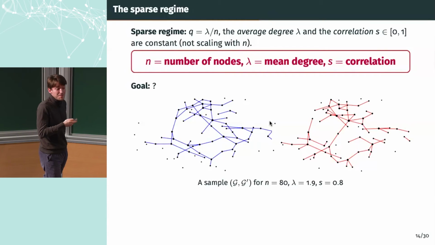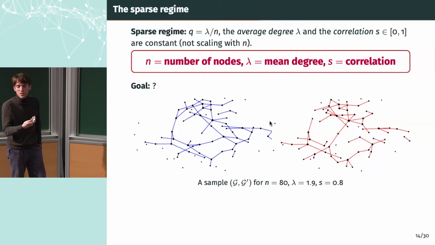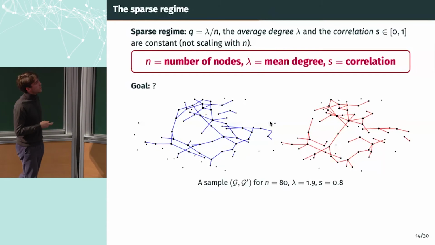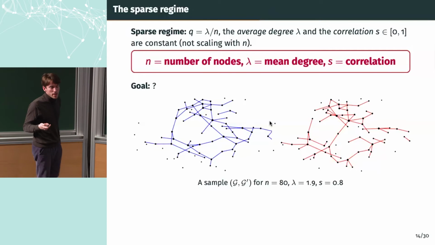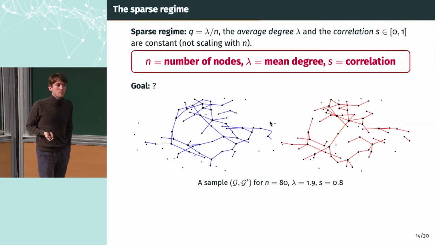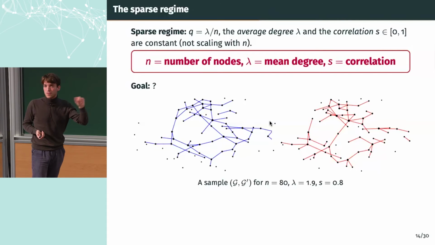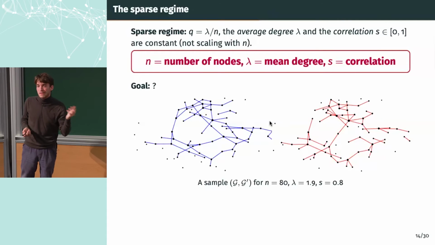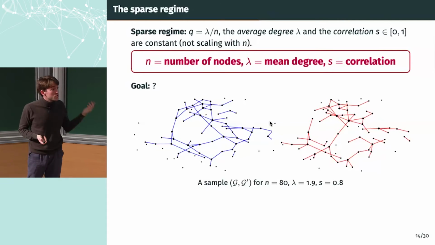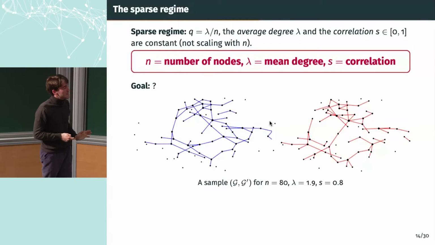This is typical because the graphs are random and the degree is constant, so you can easily find out that there will be a lot of isolated points. The problem is isolated points: there is no hope to align them well. I think you can agree on that. If I give you a graph which is just empty, well, you cannot do anything better than telling me at random how to align them, but that's all.